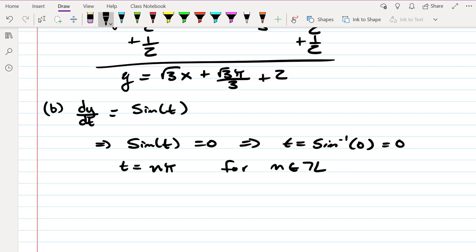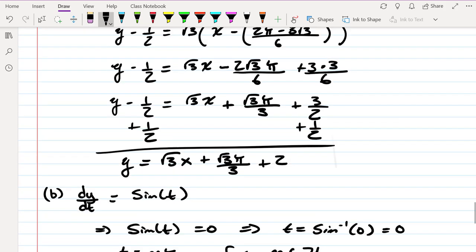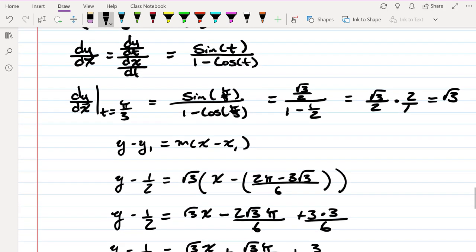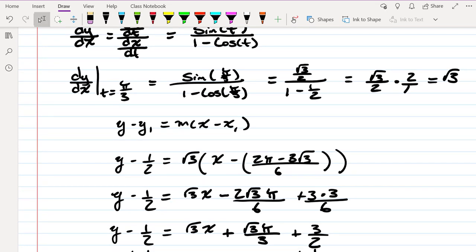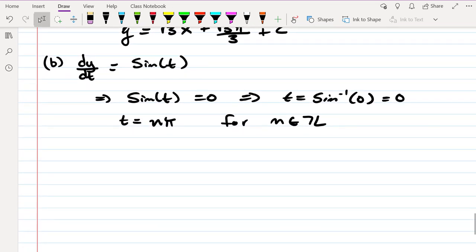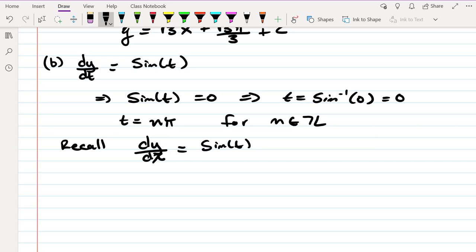But we have to be a little bit careful. When we look back at our derivative, what was dy dx? So we had the following above. Dy dx is equal to the sine of t divided by 1 minus the cosine of t.